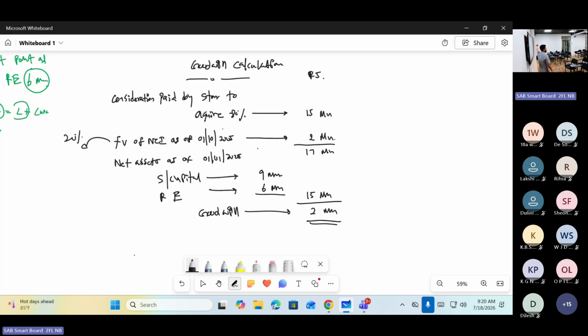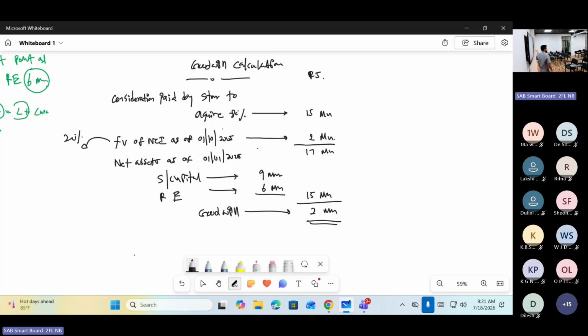Here the fair value is 2 million. Altogether 17 million. Right? 17 million, the value invested in the organization. අපි කීයක් දීලාද? 15. Our NCI here 2 million. Altogether 17 million. The investment.